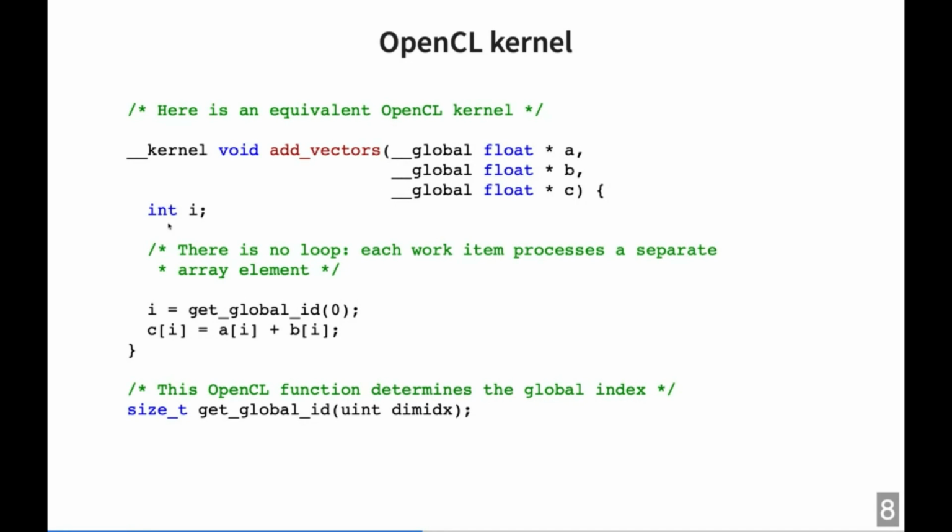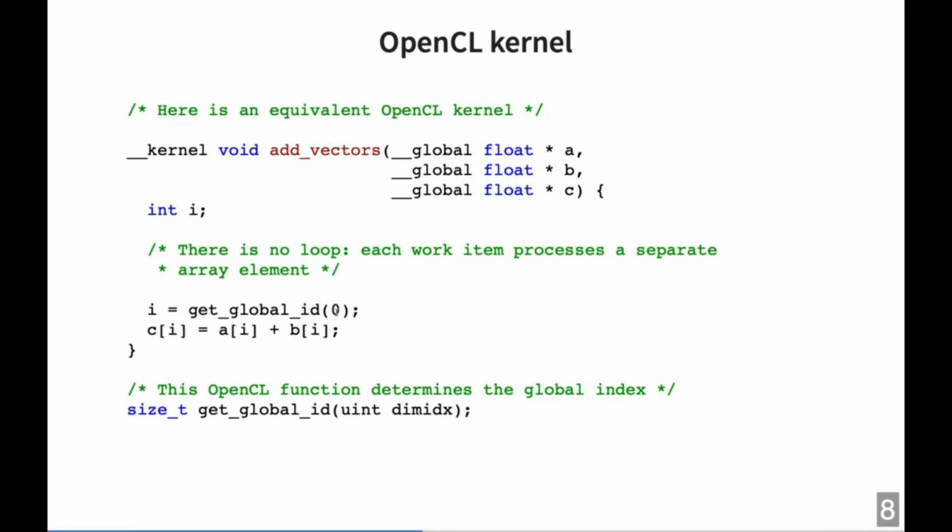Okay, so again, the loop has disappeared as we saw in CUDA, and we have a mechanism to allow us to identify which work item we're dealing with in the OpenCL jargon, and this is this function get global ID, which is doing the job of the special variable thread index in the CUDA context.